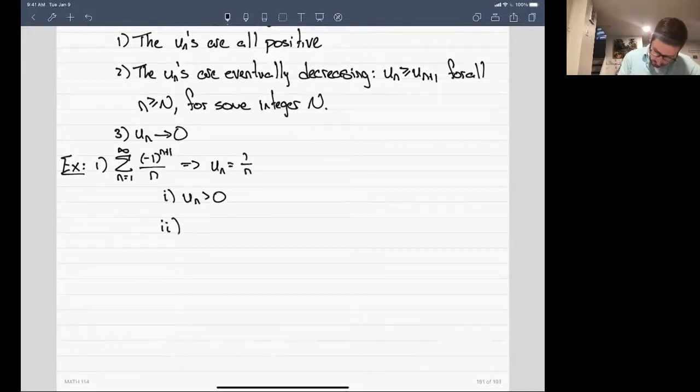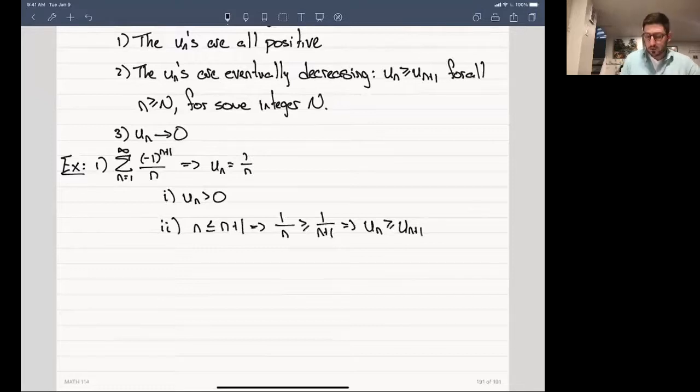Clearly, so we can see that checking 1, u_n is definitely positive. Checking 2, since n is less than or equal to n plus 1, this tells us that 1 over n is greater than or equal to 1 over n plus 1, which tells us that u_n is greater than or equal to u_(n+1). So we are eventually decreasing. We're actually decreasing for all n greater than or equal to 1. So my capital N is just 1.